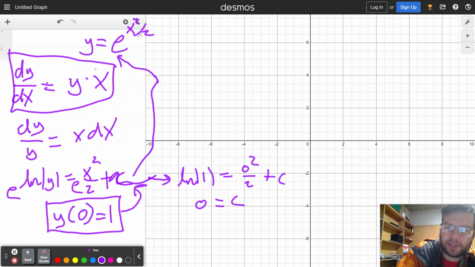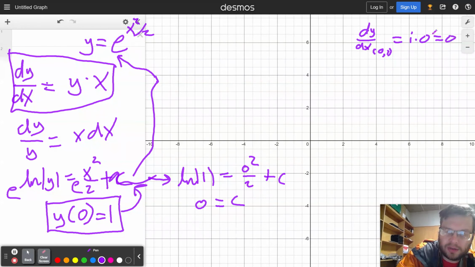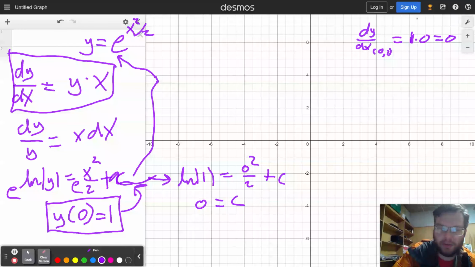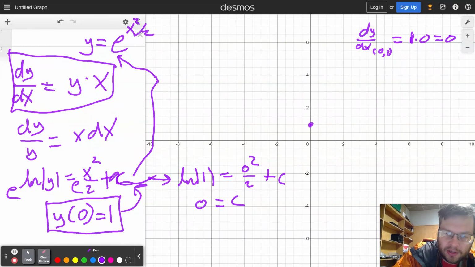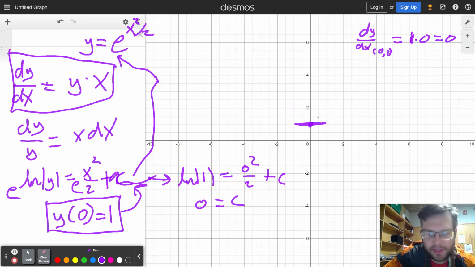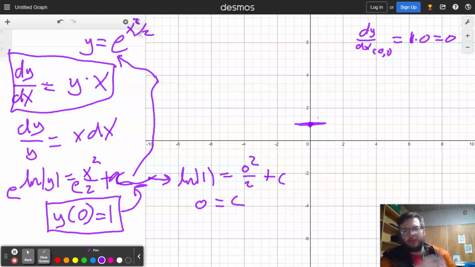And so what I'm going to do is make a little list of derivatives here. dy/dx at the point (0, 1) is just 1 times 0, which is 0. So what this means is that at the point (0, 1), I have a little flat tangent line like this.